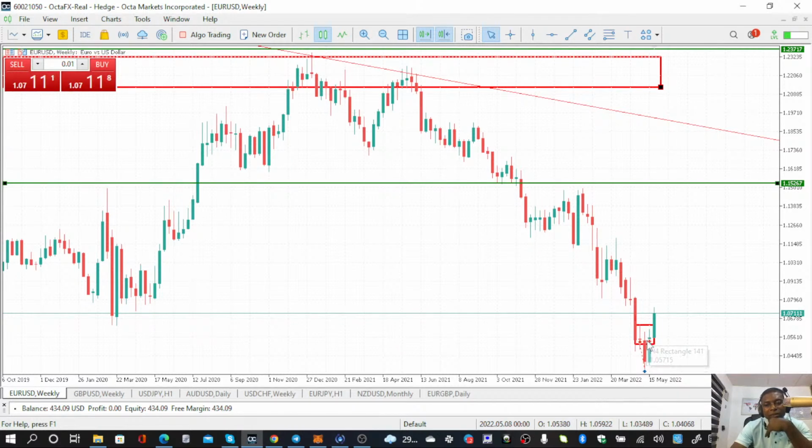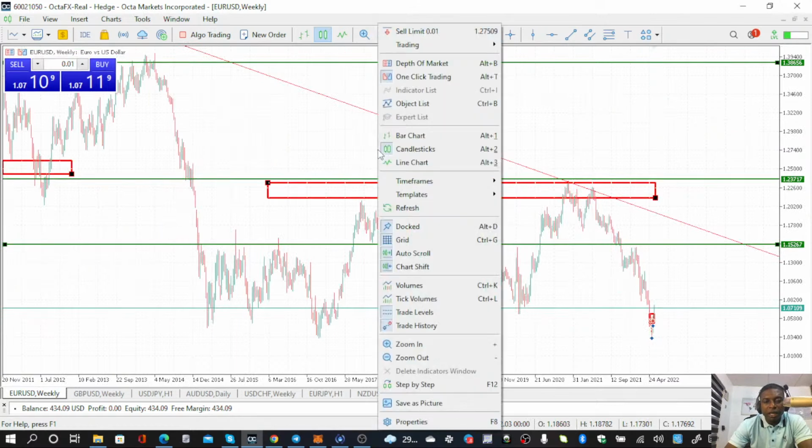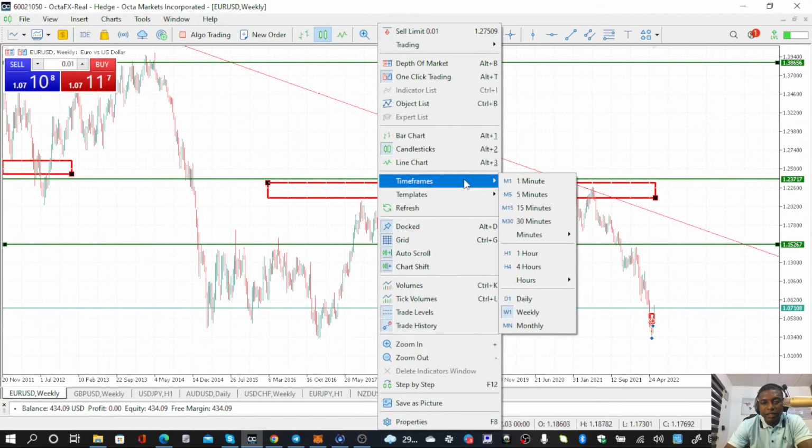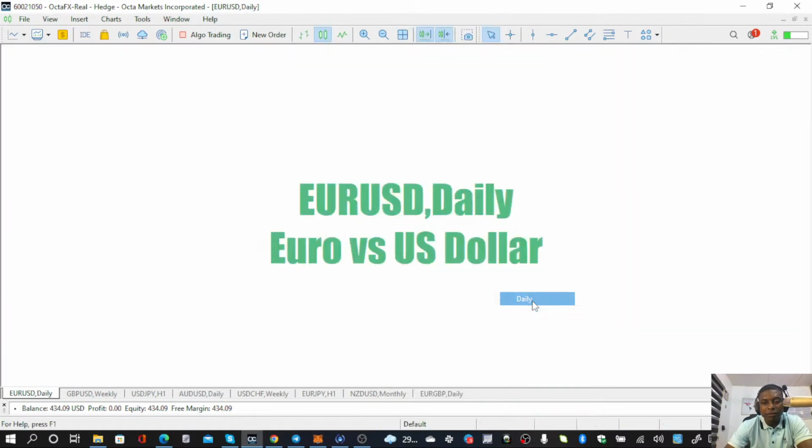I remember last week I was saying that if there is a candle that closed above these two candles, then we might be seeing more bullish momentum coming in on the EURUSD. Okay, now let's go deeper again, to the daily time frame.